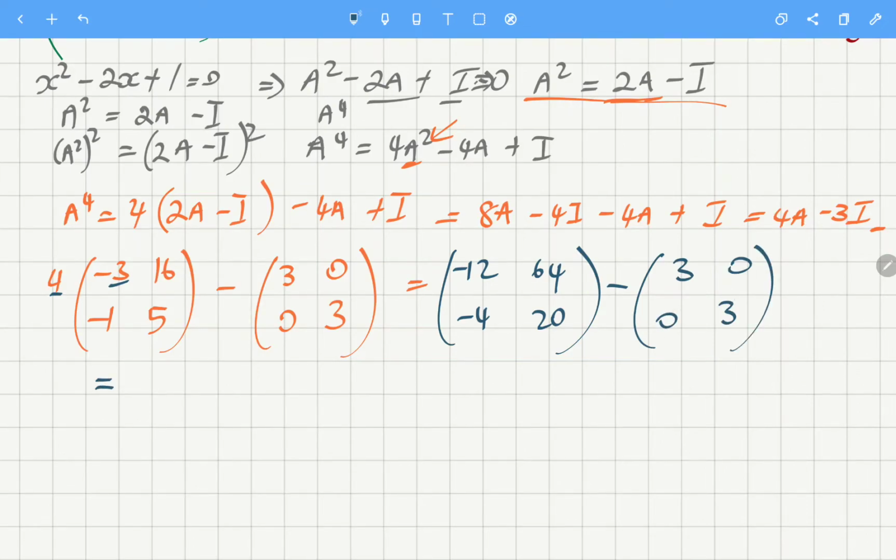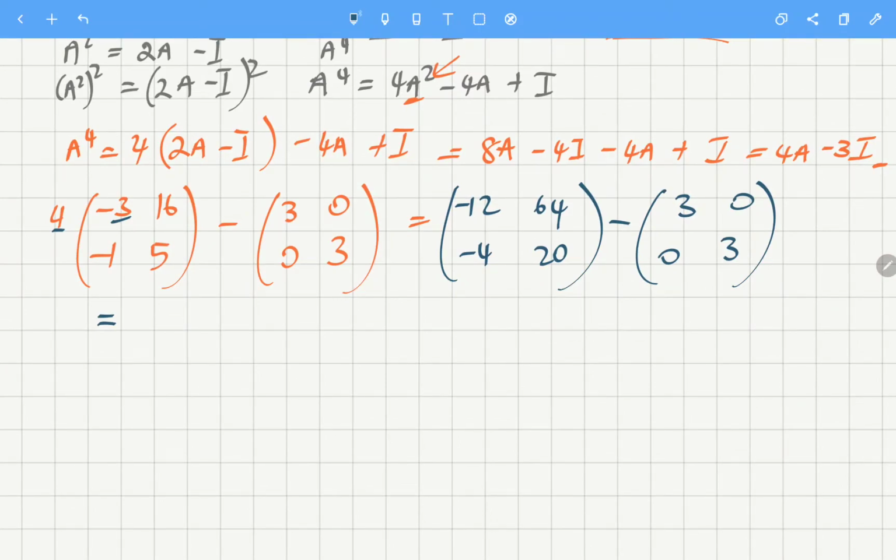Subtracting that lot from that lot, that becomes [-15, 64; -4, 17], which is our A to the power 4.